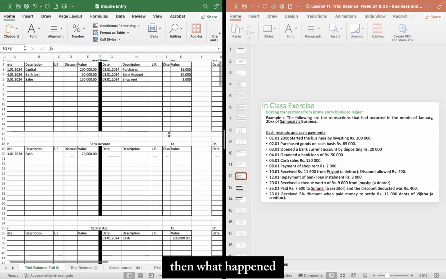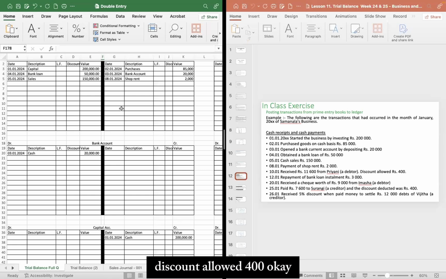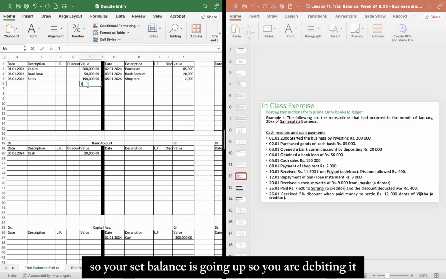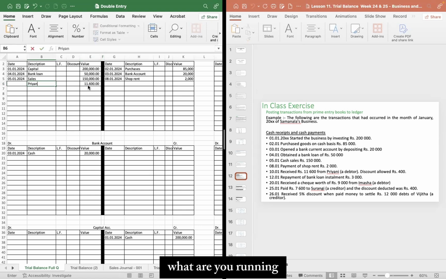Then what happened? Received 11,600 from Priyani, a debtor. Discounts allowed 400. You are receiving 11,600, so your asset balance is going up, so you are debiting it. Priyani.